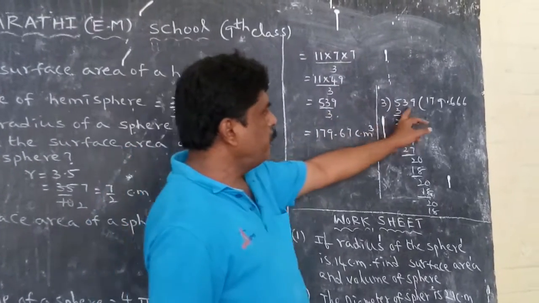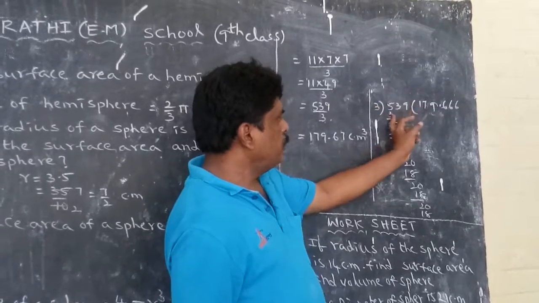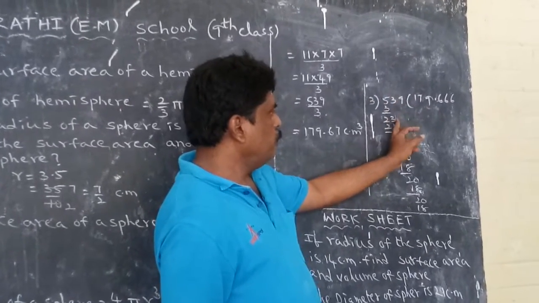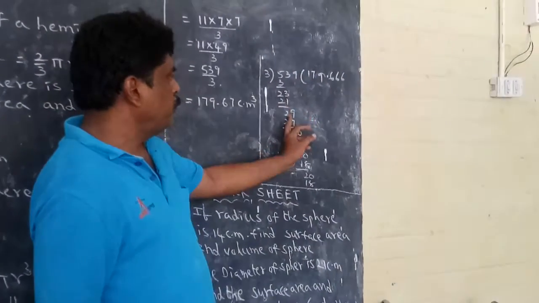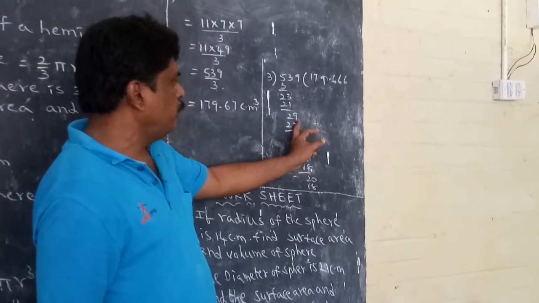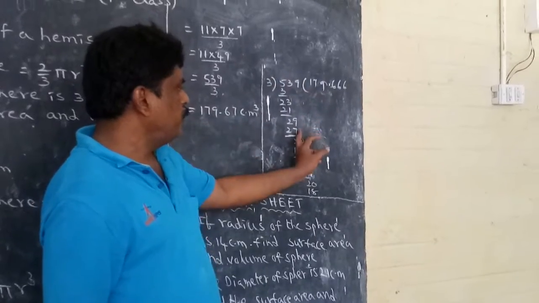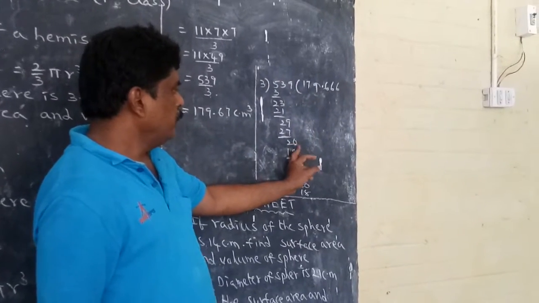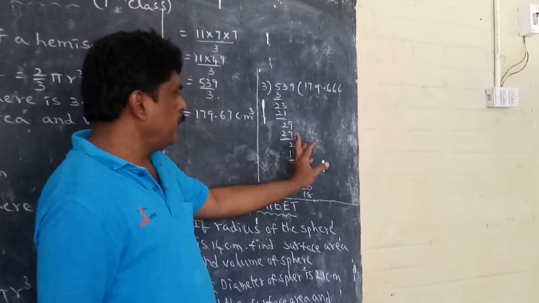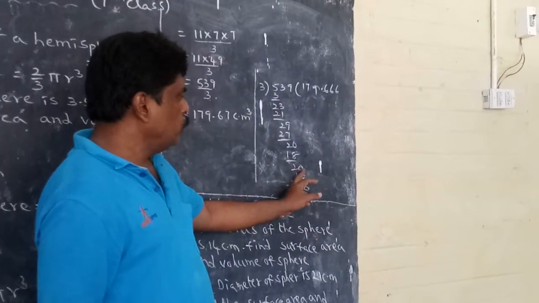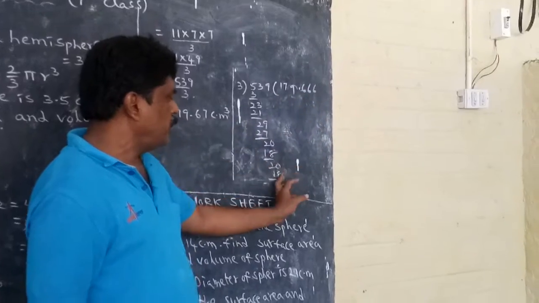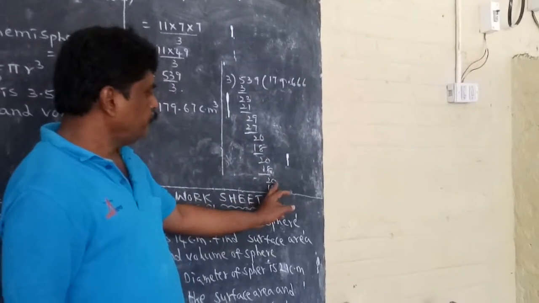You have to divide 539 by 3. 3 ones are 3, 5 minus 3 is 2. Then write 3 here. 3 sevens are 21, 23 minus 21 is 2. Then put 9 here. 3 nines are 27, 29 minus 27 is 2. Then put a point and write a 0 here. 3 sixes are 18, the remainder is again 2. Write 0 here again. 3 sixes are 18, remainder 2.